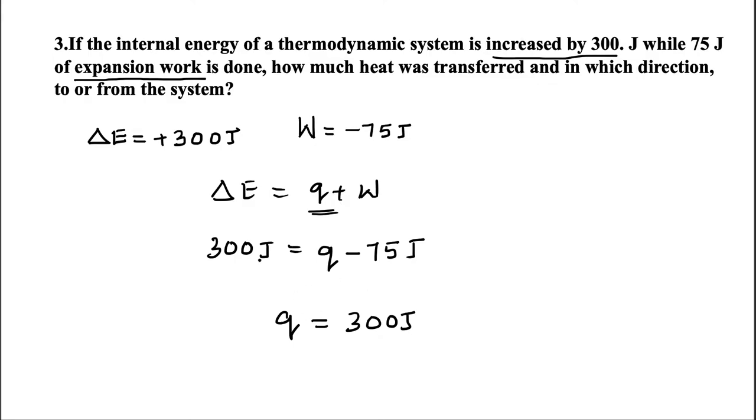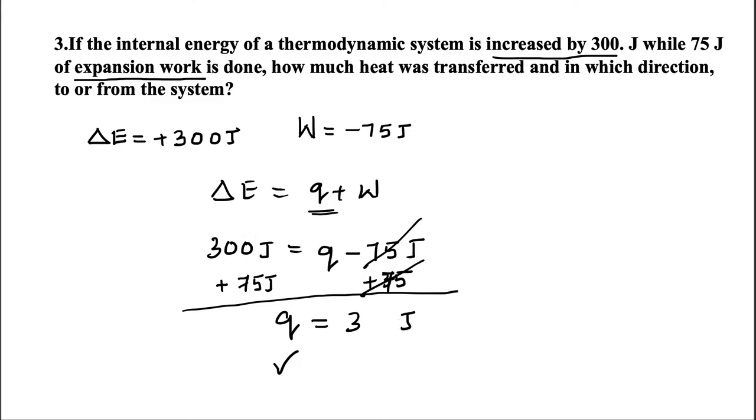So how do we get here? Let's add 75 on both sides. So on the right side, what happens? Negative 75, positive 75 cancels out. We have only Q on the right side. And on the left side, 300 joules plus 75 joules gives us 375 joules.